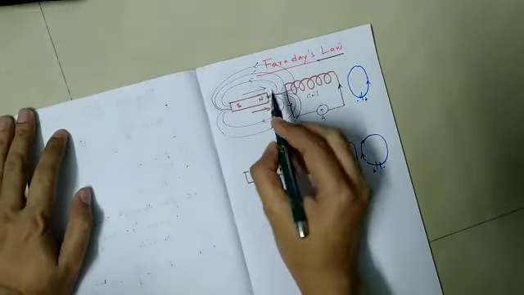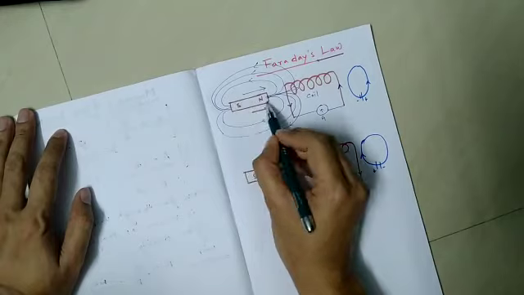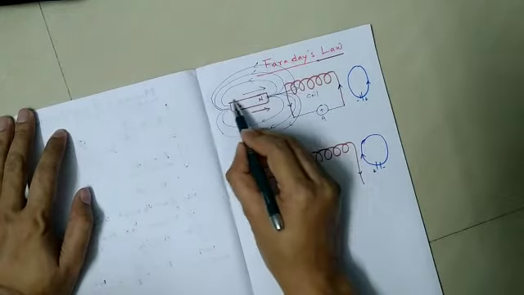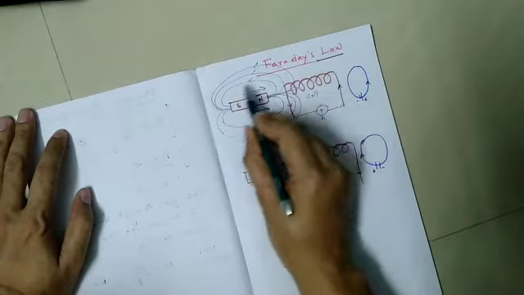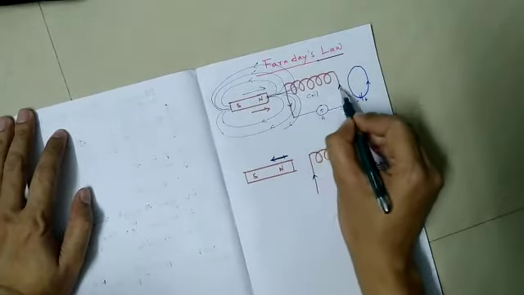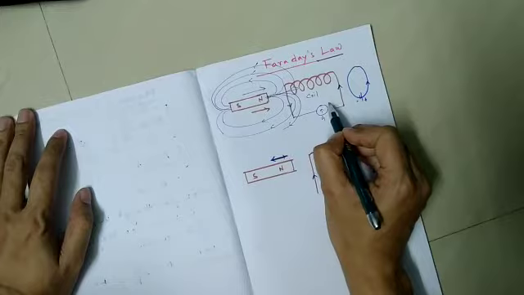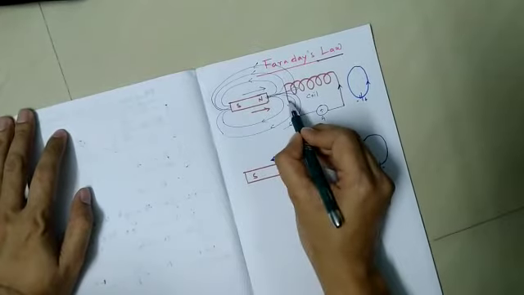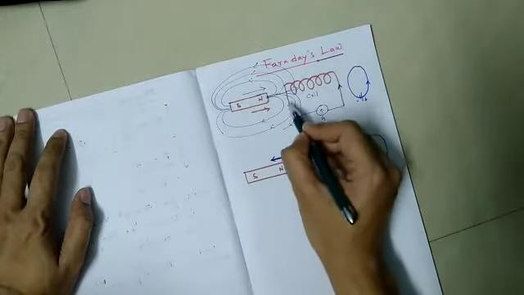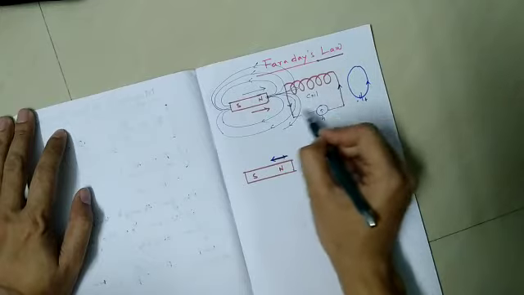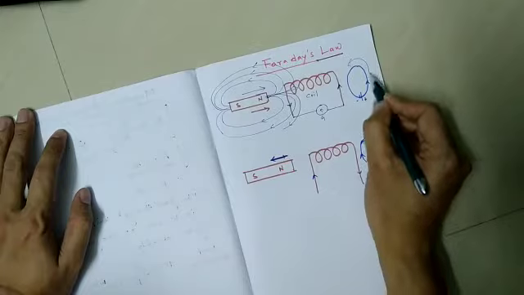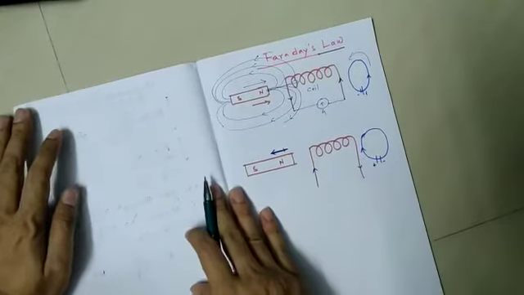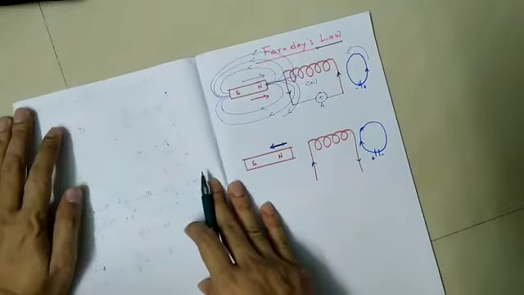Here, if the bar magnet's N side is moving towards the coil, because of the huge flux change, an instantaneous current will develop. When the N side moves towards the coil, the direction of current is anti-clockwise. The current will flow in anti-clockwise direction.